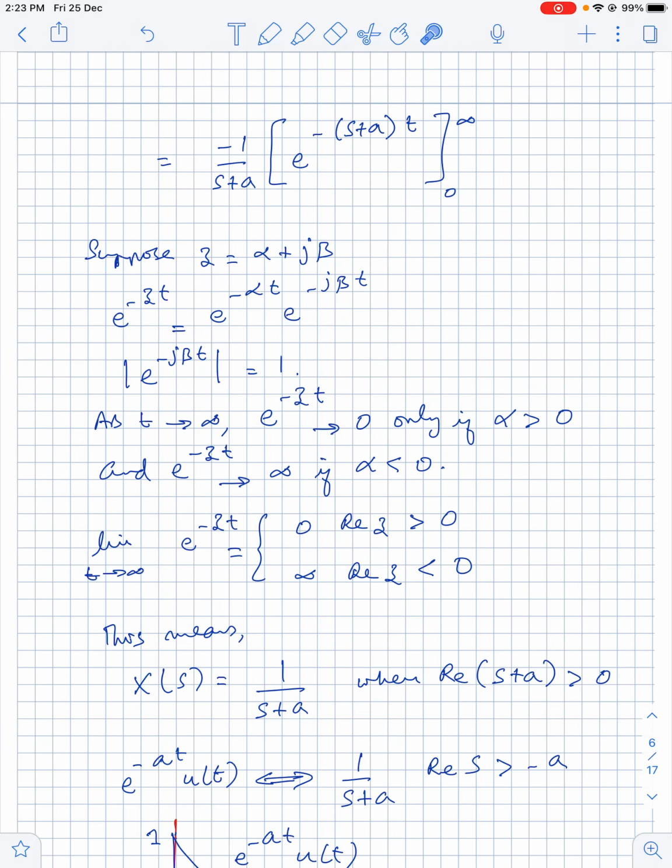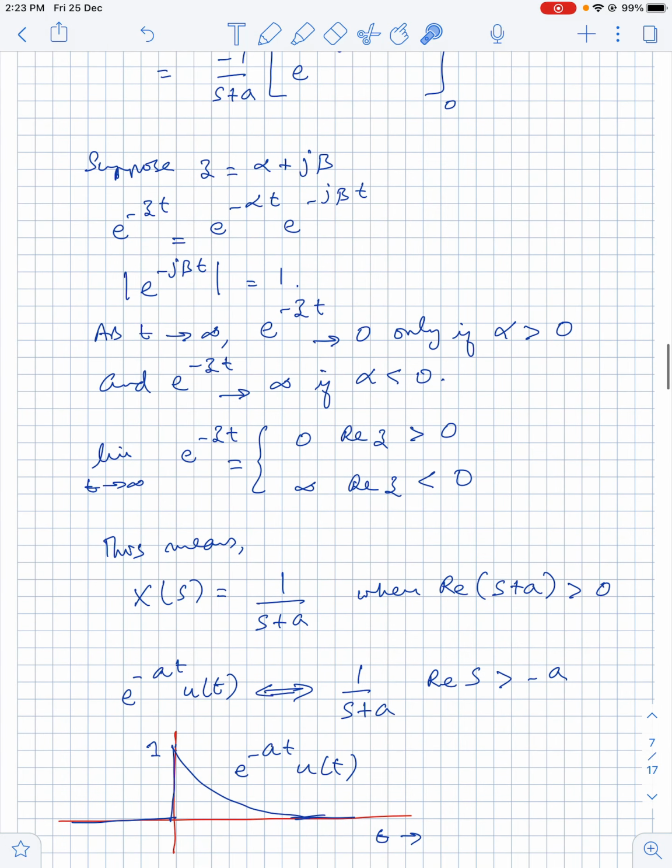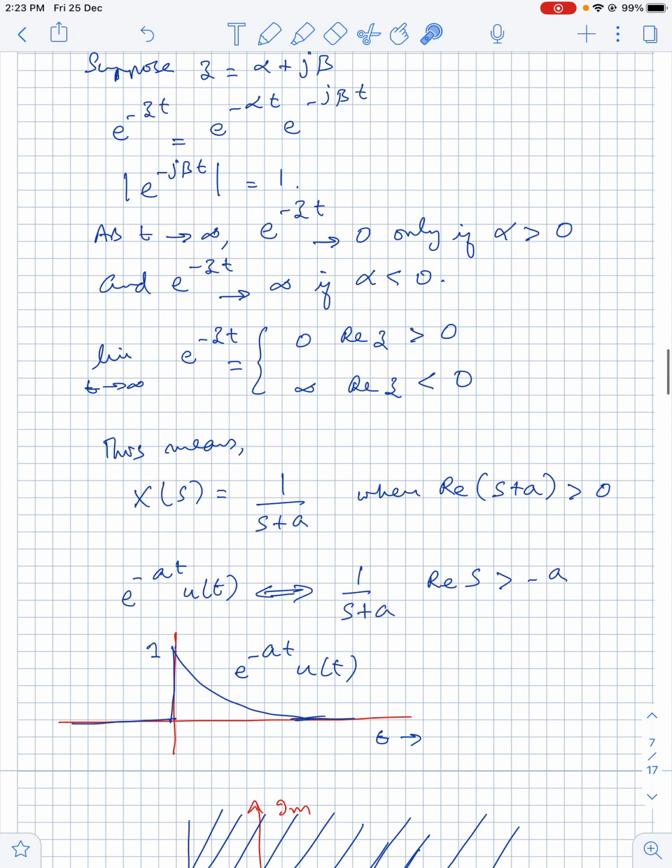So this means X of s will be 1 by s plus a when the real part of s plus a is greater than 0. And essentially this means that the Laplace transform of e raised to minus at u(t), which was our given signal, is 1 by s plus a, provided the real part of s is greater than minus a.